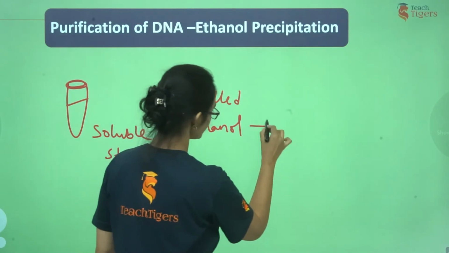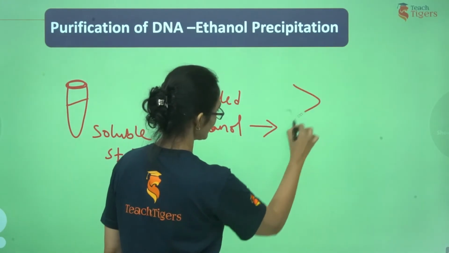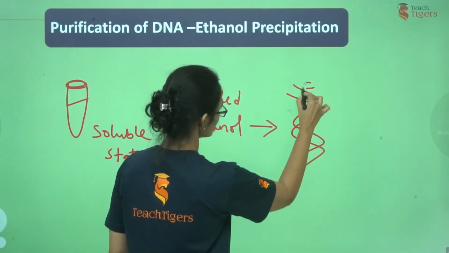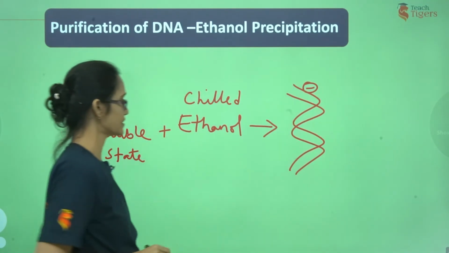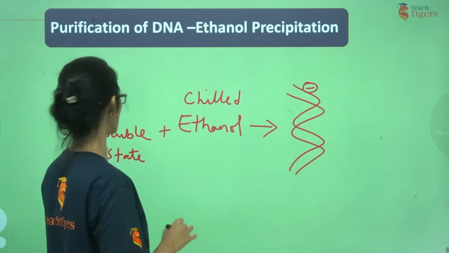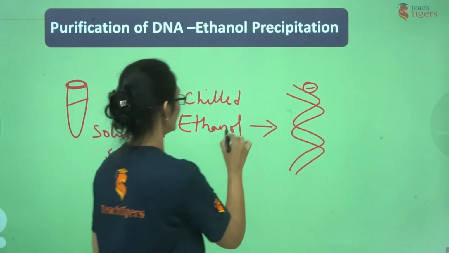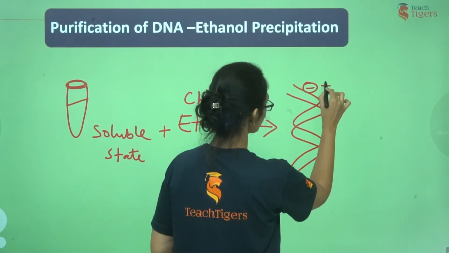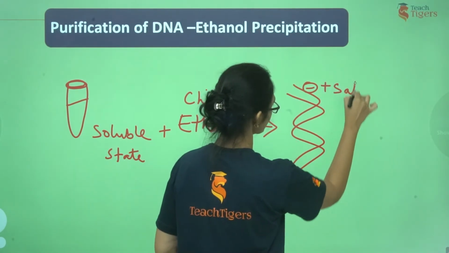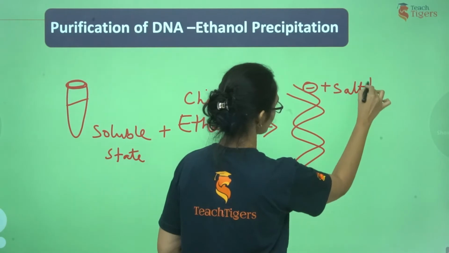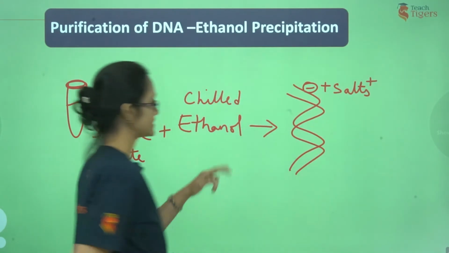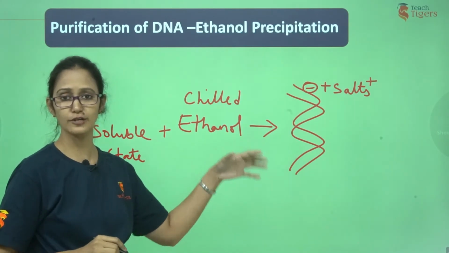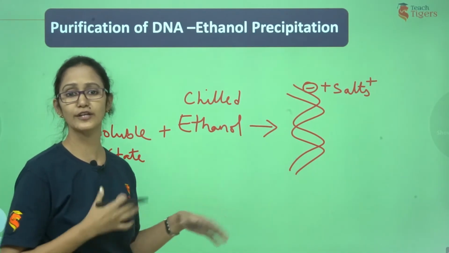what the ethanol does is, since your DNA has an overall negative charge, it is in its ionic form and so in a soluble state. Ethanol will enhance the interaction between the negatively charged DNA and the cationic salts. So basically, for any chemical species to be in its soluble state, it should be in its ionic form.